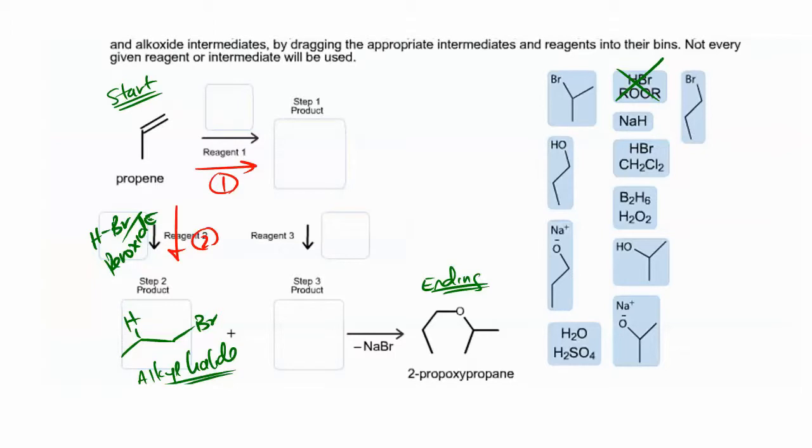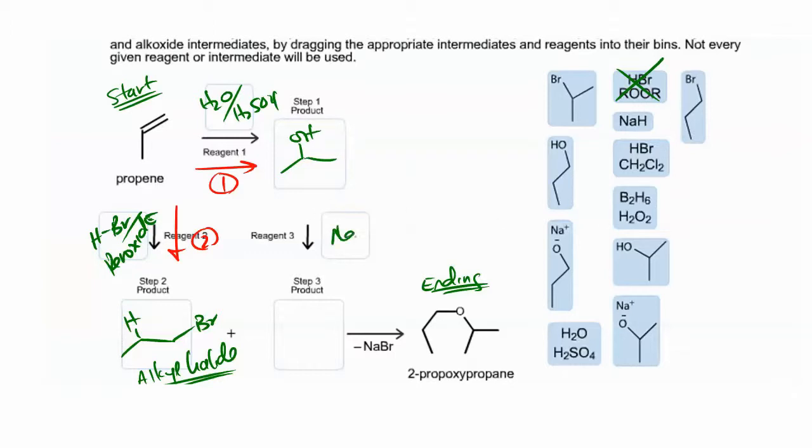Now we got to generate the alkoxide. In order to do that, we have to form an alcohol first. And in this case, it's going to be Markovnikov addition of an alcohol. So we can just do a hydration reaction, create the Markovnikov alcohol, and we deprotonate with some base.